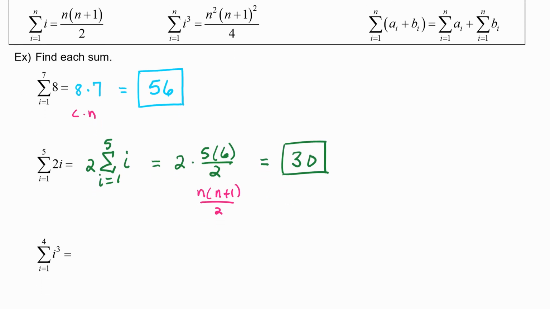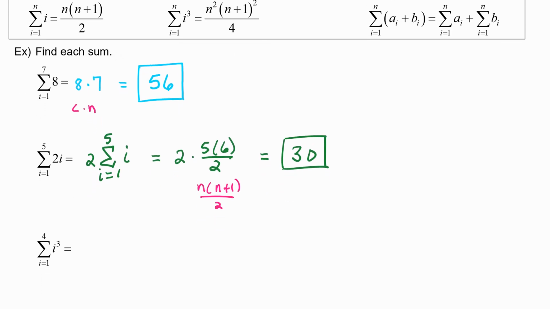Next up, we have the summation i equals 1 to 4 of i cubed. Summing over i cubed, we have a rule for that, and that rule is n squared times n plus 1 squared over 4.